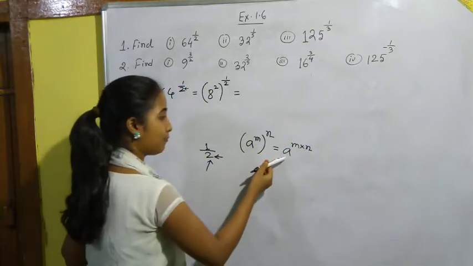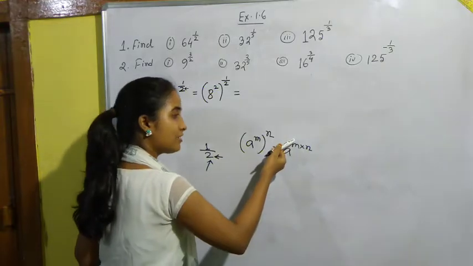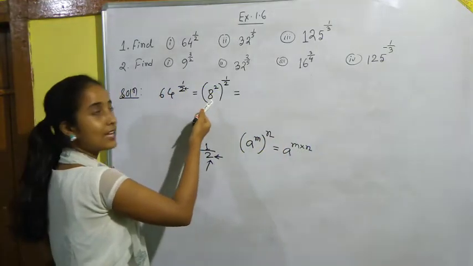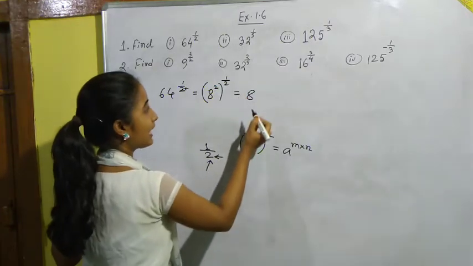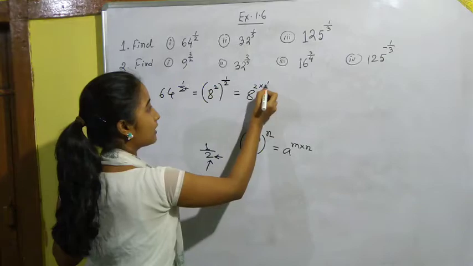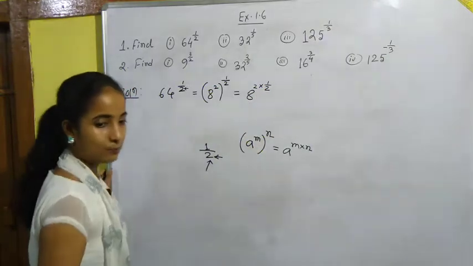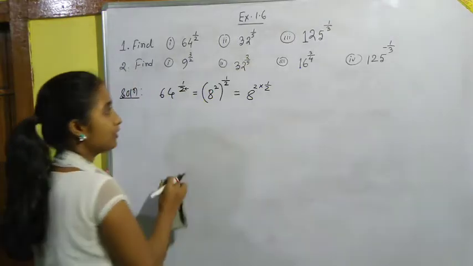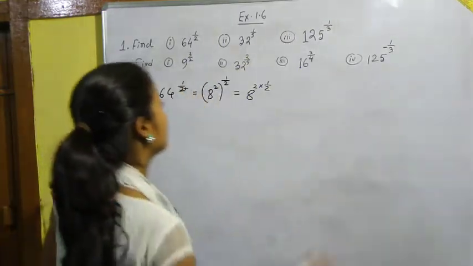That means base to the power first power into second power. Here the base is 8, the first power is 2 and the second power is half. That means the number is 8 to the power 2 into half.